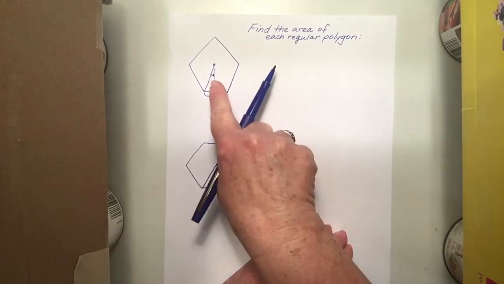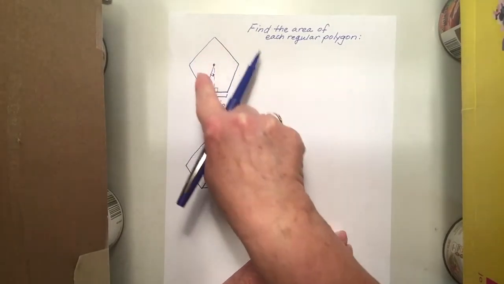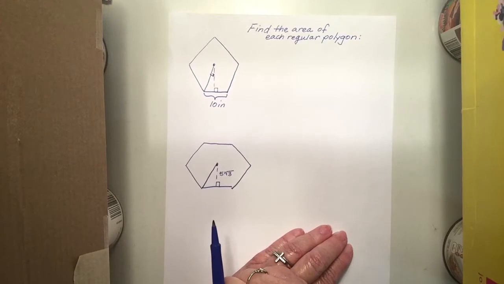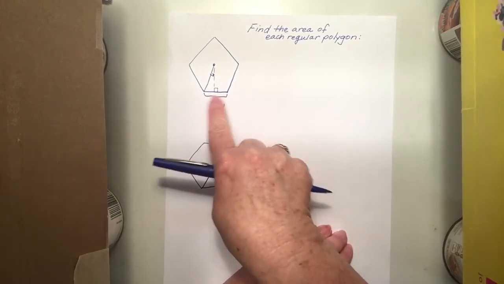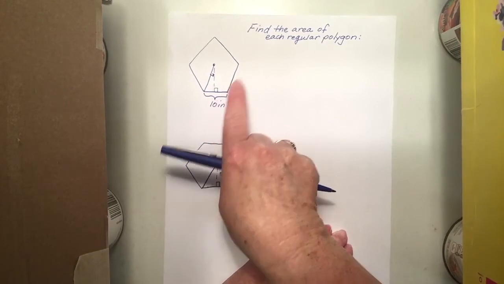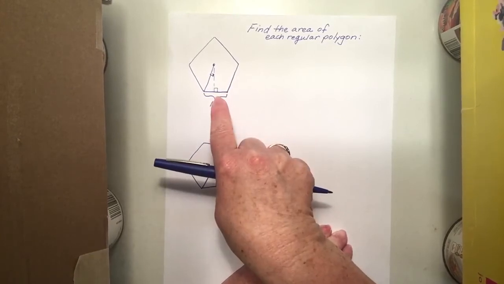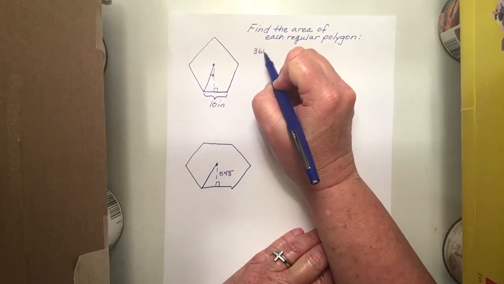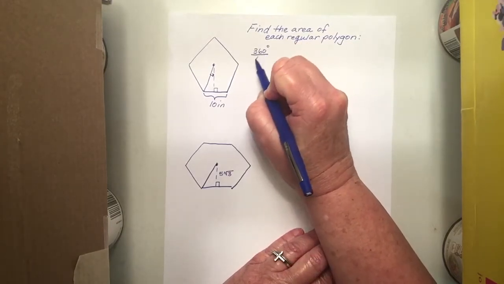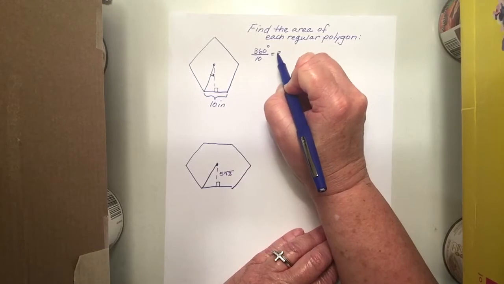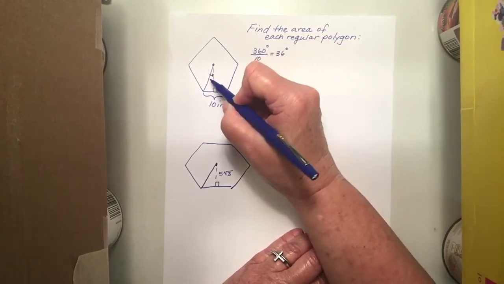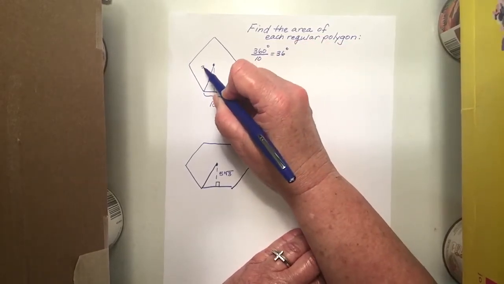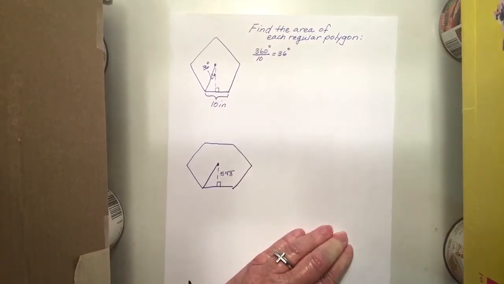First I ask myself how many of these little triangles exist in this figure, and there would be 2 triangles attached to every side. So there are 5 sides, 5 times 2 is 10. To find that degree measure, I take 360 divided by 10, and that gives me 36 degrees for that angle right there.